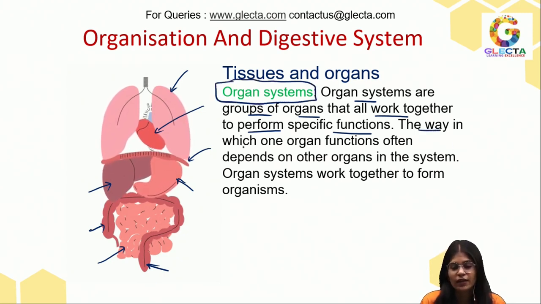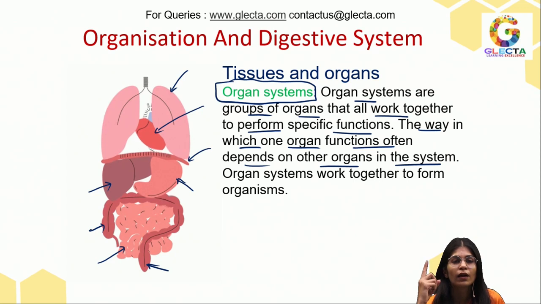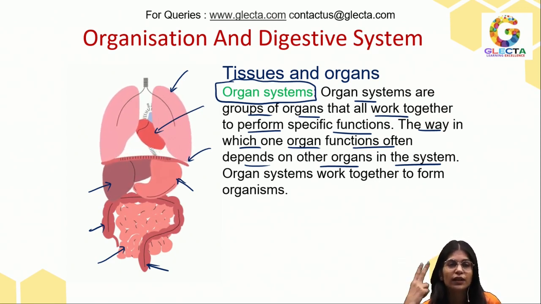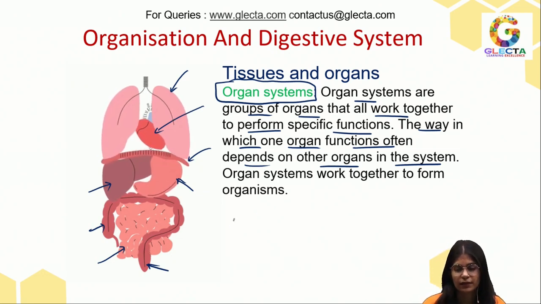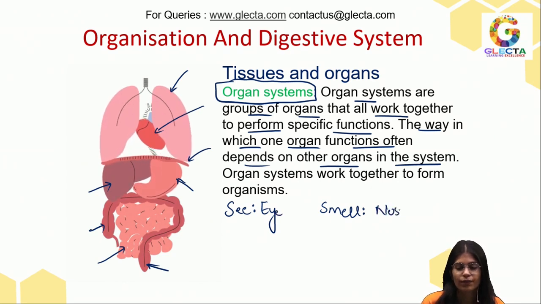In a way, how one organ functions often depends on the other organ of the system. For example, you see food or you smell food, that's going to produce saliva in the mouth. So let me write it. If you see food or you smell it, two different organs are involved in both these. First is eye and the second is nose.